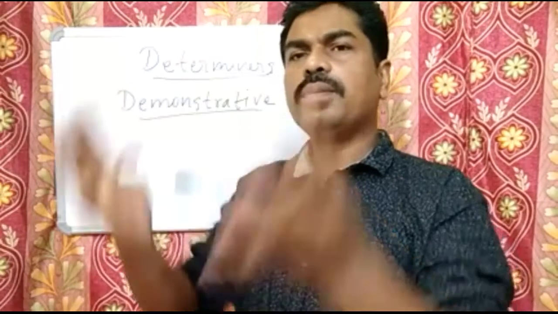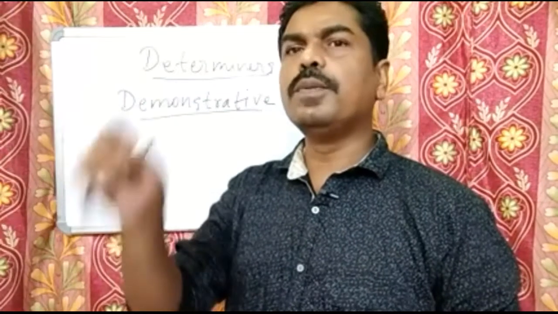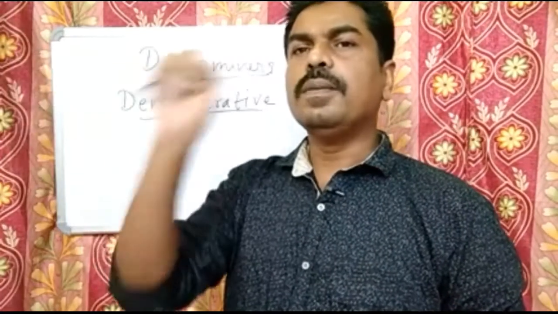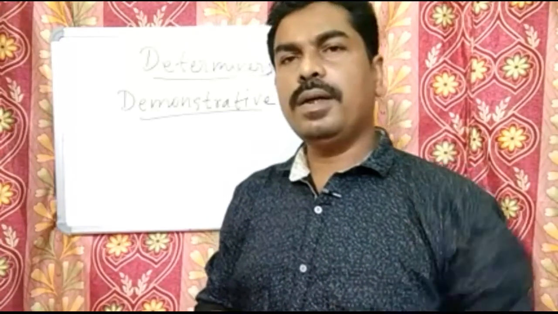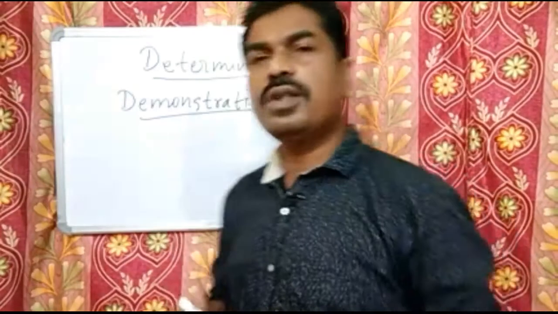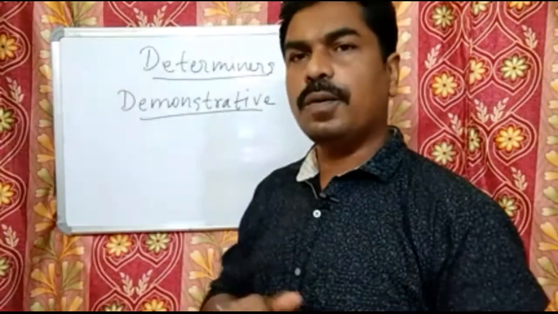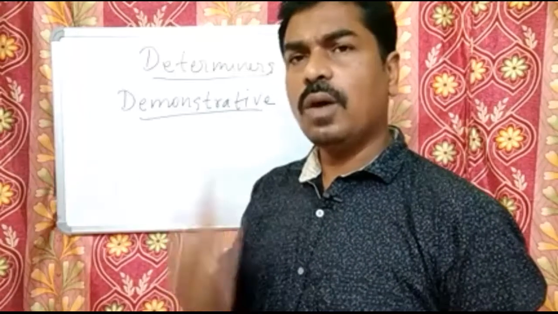Now, suppose books are lying and I'm pointing towards a particular book, and if I say, bring me this book or bring me that pen, okay? So here when we use the demonstrative determiners, you have to check the noun, whether the noun is singular or it is plural.